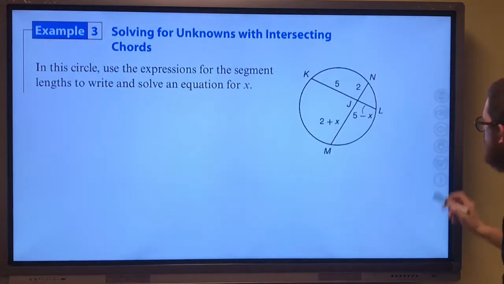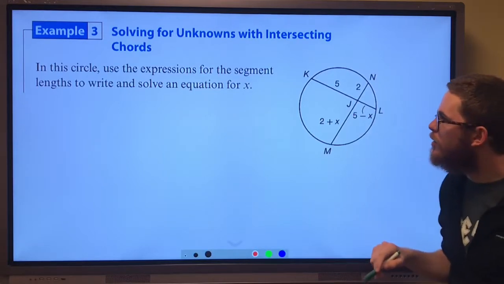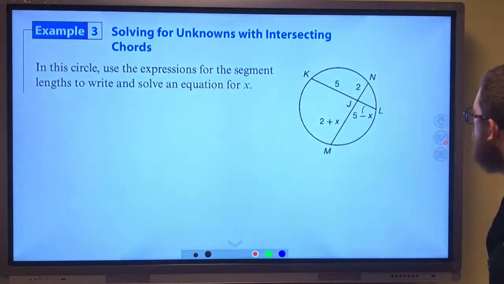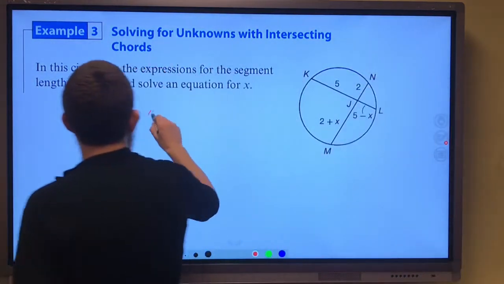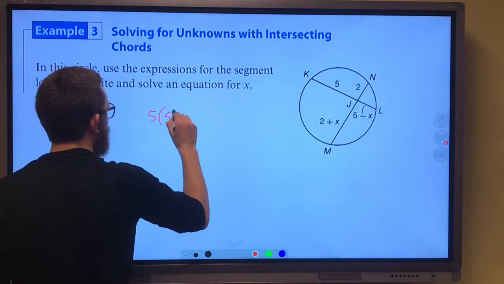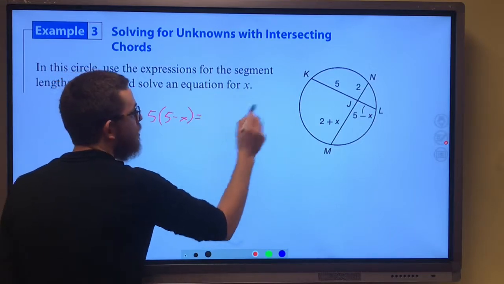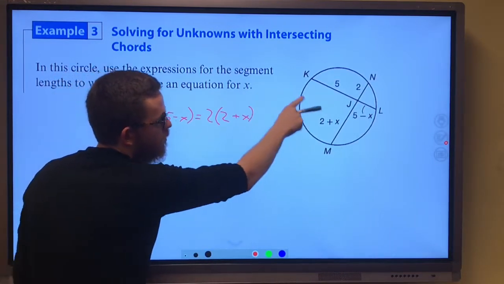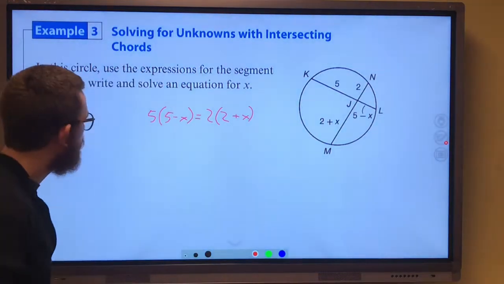Here it says, in this circle, use the expressions for the segment lengths to write and solve an equation for X. We want to find X. Well, I know that 5 times 5 minus X must equal 2 times 2 plus X, finding the products of those segments.